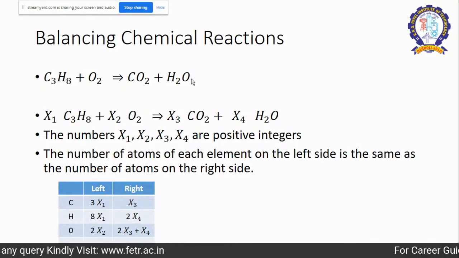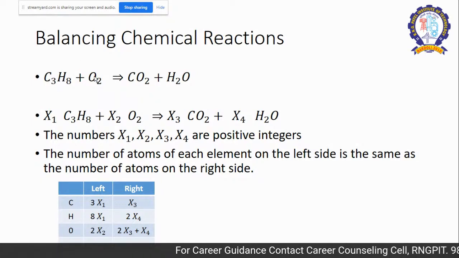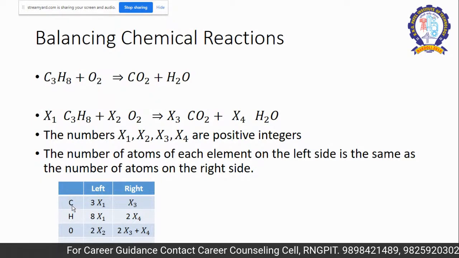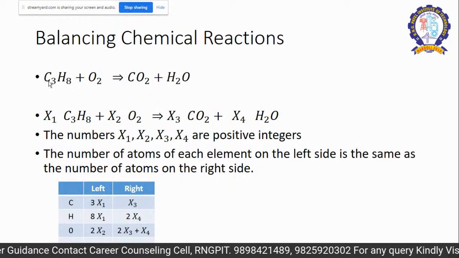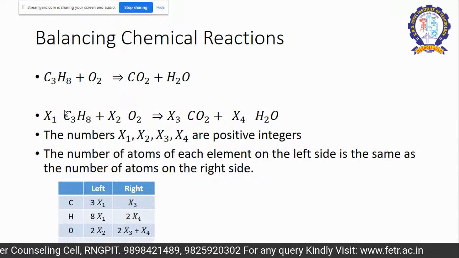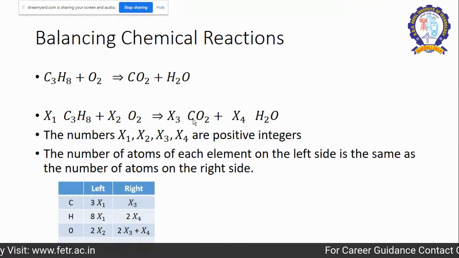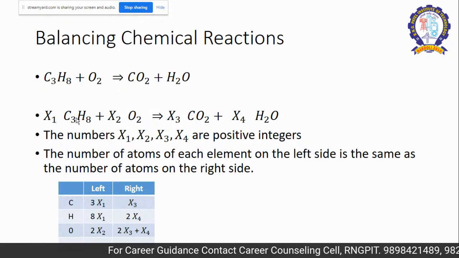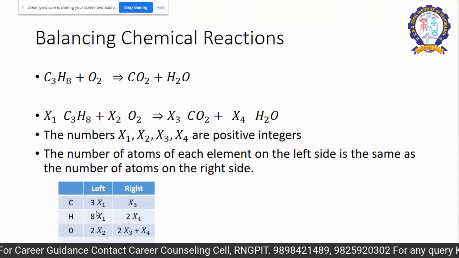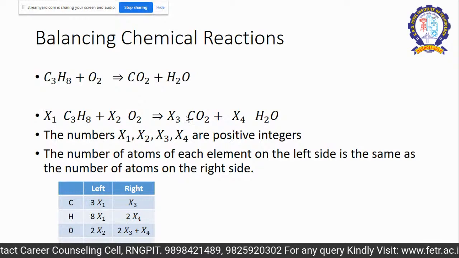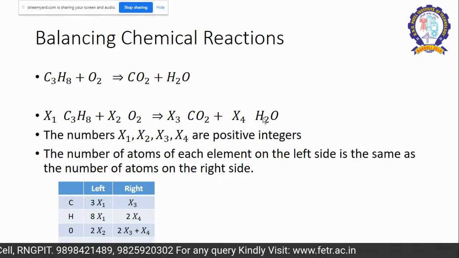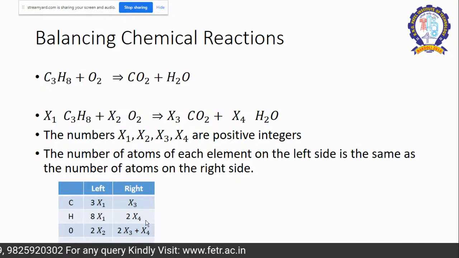Here there are 3 different elements: carbon, hydrogen, and oxygen. For carbon, we have 3 atoms multiplied by x1. On the right-hand side, only 1 carbon with x3. For hydrogen, 8 atoms, so 8x1. On the right, 2 atoms of hydrogen with x4.